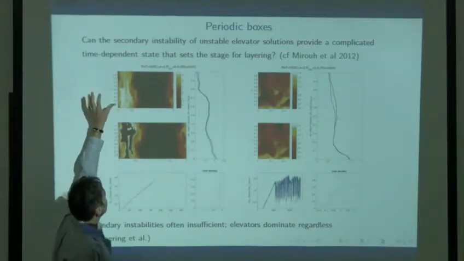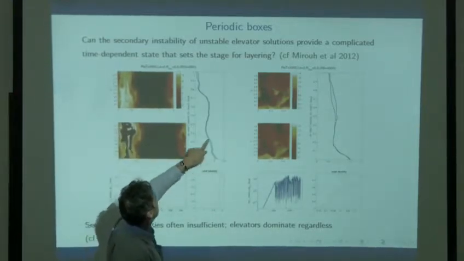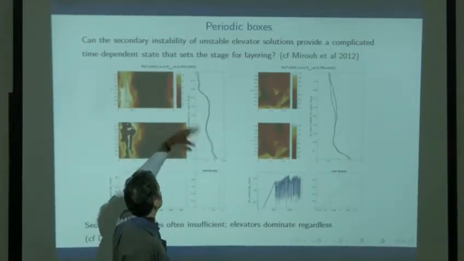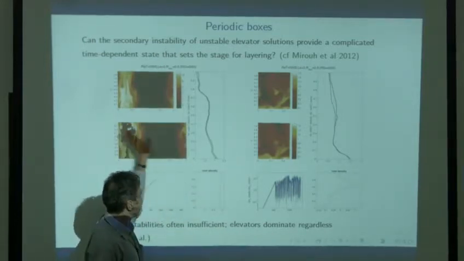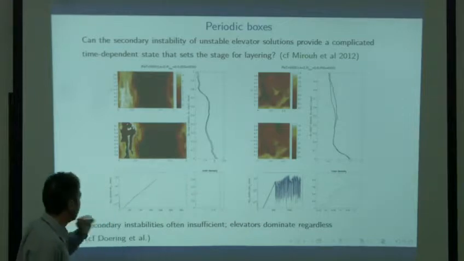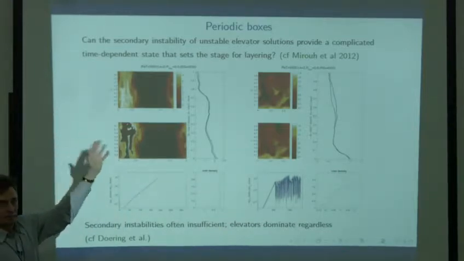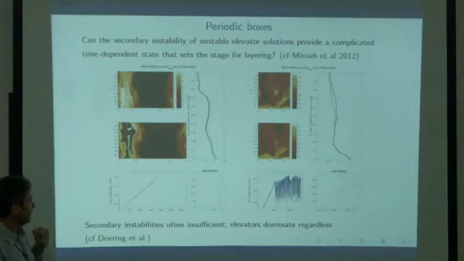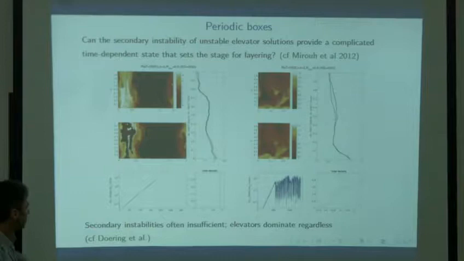We're going to have the salt, the temperature, the mean horizontal averages of these things, and the horizontally averaged density profile. And then these are going to be the Nusselt numbers: there's a salt Nusselt number and a temperature Nusselt number, and that's what's going to be plotted in here.